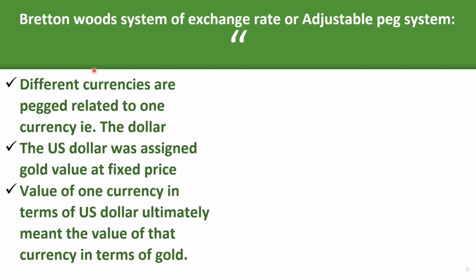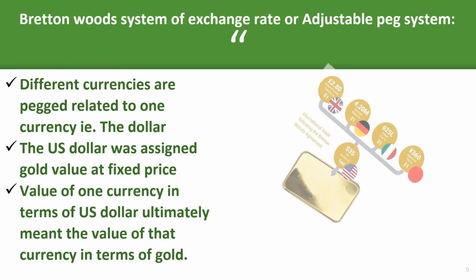In this system, different currencies are pegged or fixed relative to one currency, that is the US dollar. However, the US dollar itself was assigned gold value at a fixed price. The value of one currency in terms of US dollar ultimately meant the value of that currency in terms of gold.